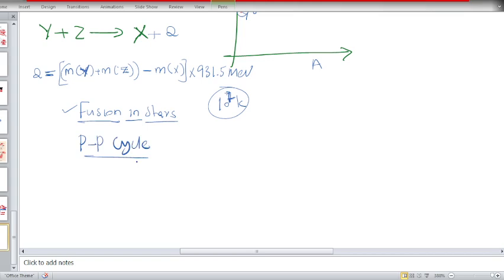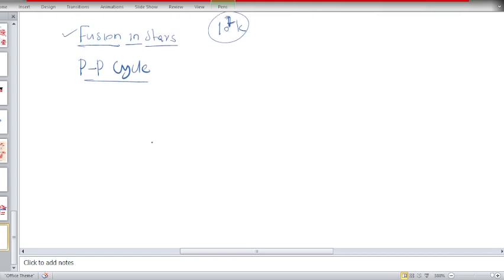This is the responsible nuclear fusion reaction happening inside the sun. If you consider heavy stars, much more massive than the sun, then you will have the CNO cycle, the carbon, nitrogen, oxygen cycle.